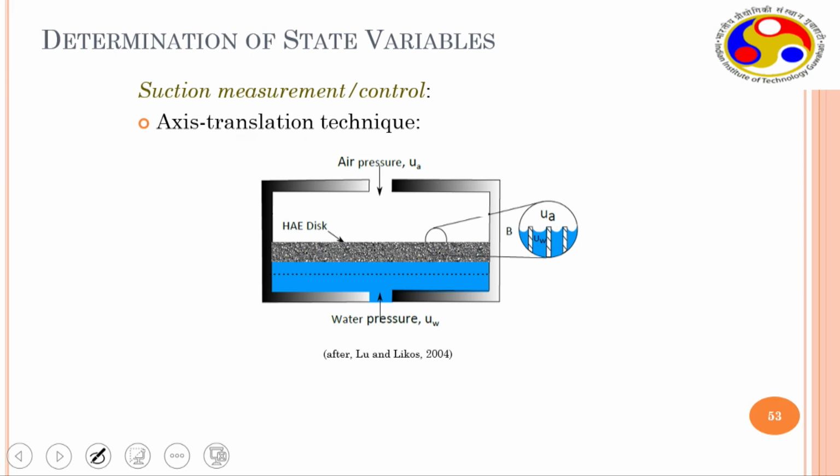This is simply the same HAE disk. What we saw is that when the water column negative pressure becomes more than 100 or so, then vapor cavities develop, right? So what have they done? Okay, I'll do something.